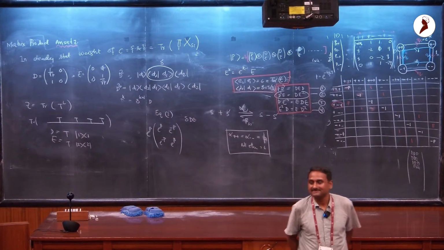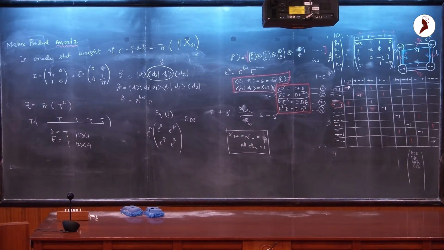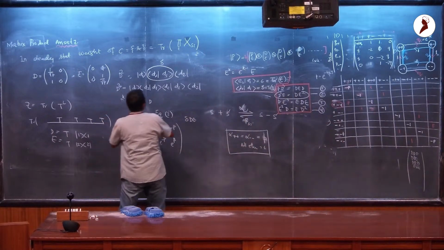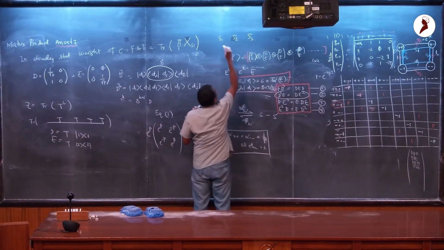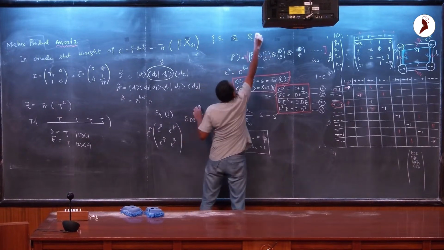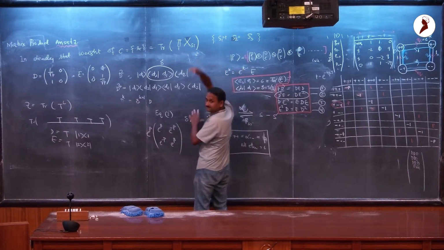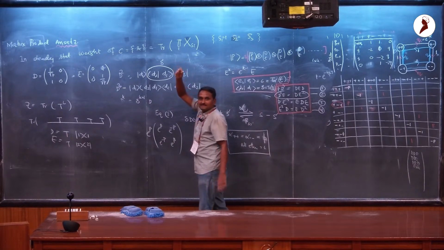Can you once define X subscript? So if you have a configuration which is S1, S2, S3, this is a configuration, but not a general one. S1 equal to plus, you tell me what is S2. Minus.